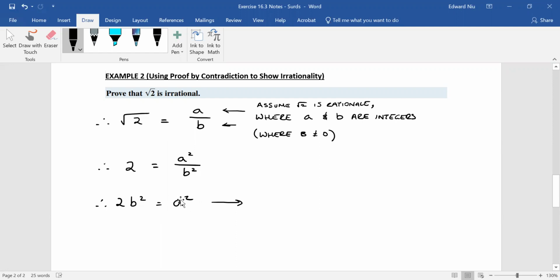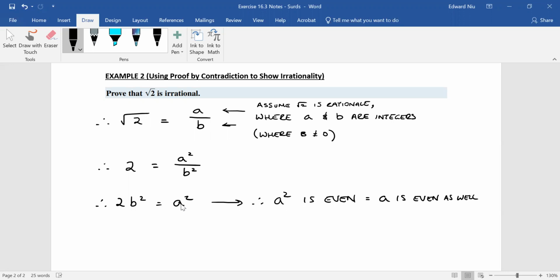Okay, so this means therefore A squared is even, which means A is even as well. All right, plug any number you like into B here, where it's 2 times B squared.